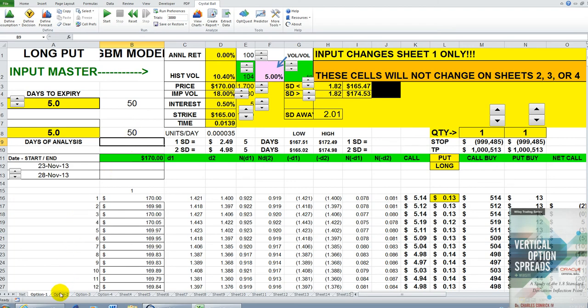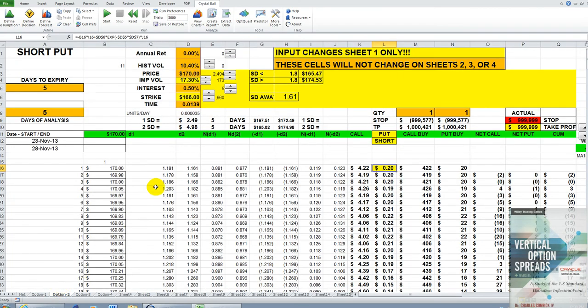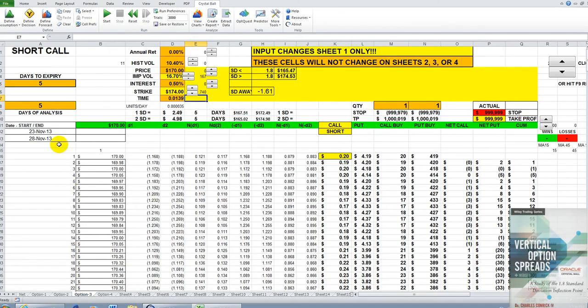On tab option 2, you're looking at your short put, and the only thing you need to control is your strike price and the implied volatility, which controls the market price of the short put. Tab option 3 is the short call for the iron condor, where you only again control the implied volatility, the strike price, and the short call price.